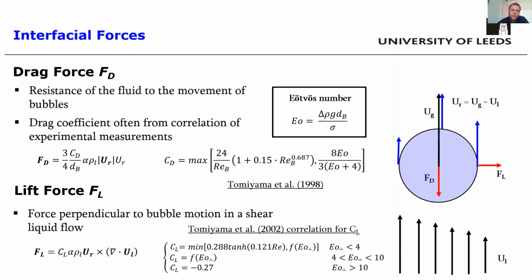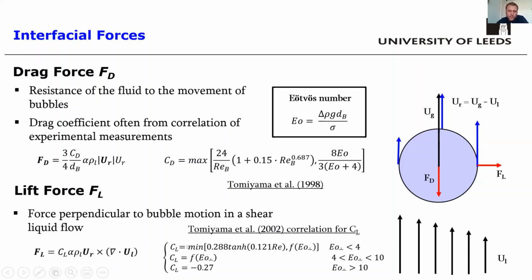We need in this model an additional submodel to model the action of this lift force that you see here, and another correlation to model the lift coefficient. One of the most used is the Tomiyama correlation for that lift force.